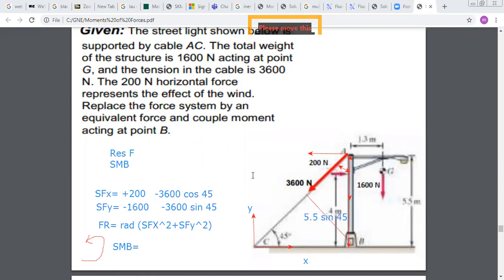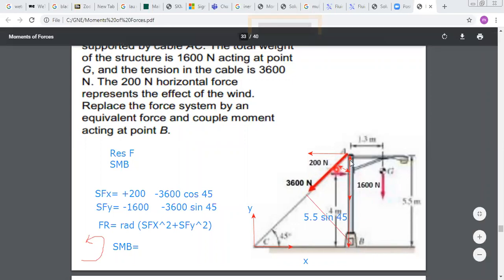So I can directly multiply the force by this distance, and to know the direction, I can use the right hand rule. It will be clear that this force is doing a counterclockwise moment, so I will count it as positive.